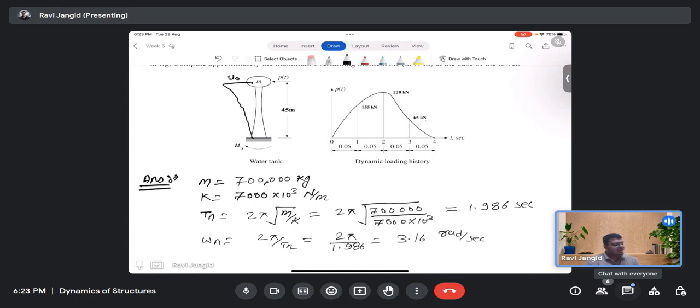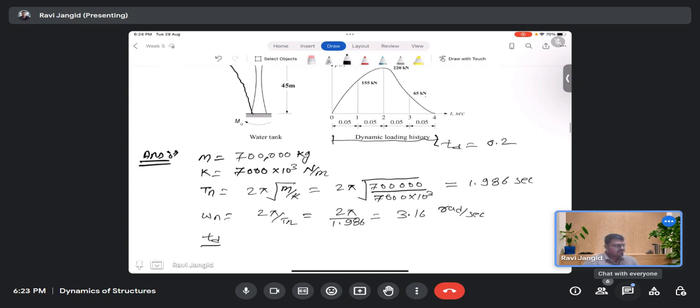So find out my total time duration TD. How much is it? 0.2 is the TD. So find TD by TN: 0.2 divided by 1.986. What will be this ratio? 0.1.